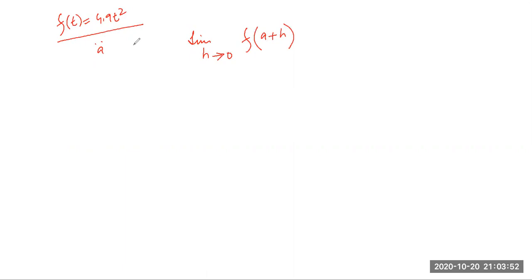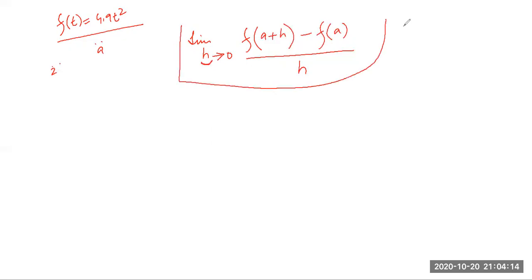To find the value of the function at 2, find the value of the function a little more than 2, and then subtract the value of the function at a, that is at 2, divided by h. In our case, it was delta t. Try to relate this with our initial limit, delta t approaches 0, delta s by delta t. It is the same, but stated in a general way.